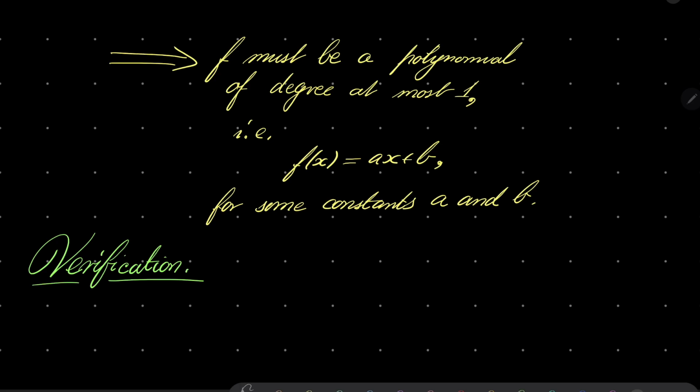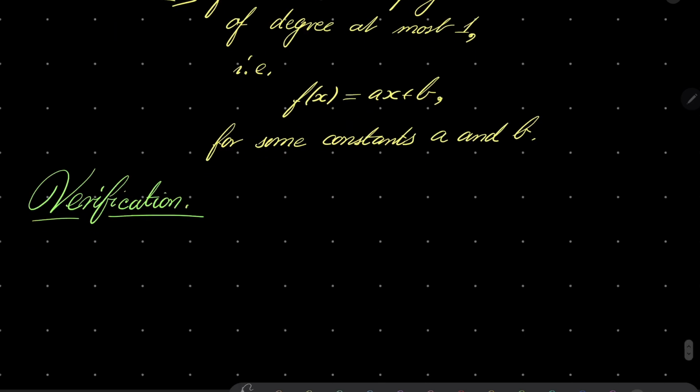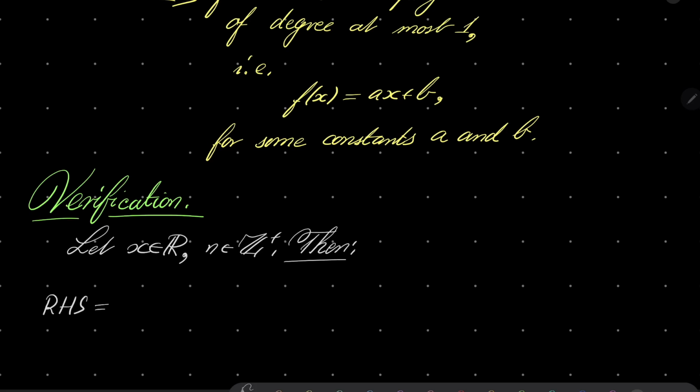All right. Let x be a real number, let n be a positive integer. Then let's start with the right-hand side. It's f of x plus n minus f of x over n.